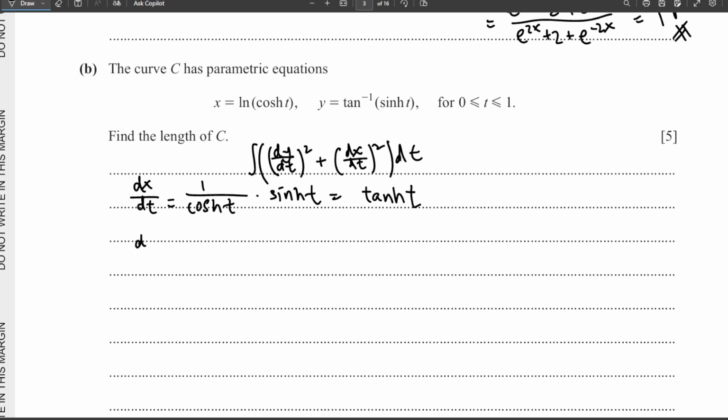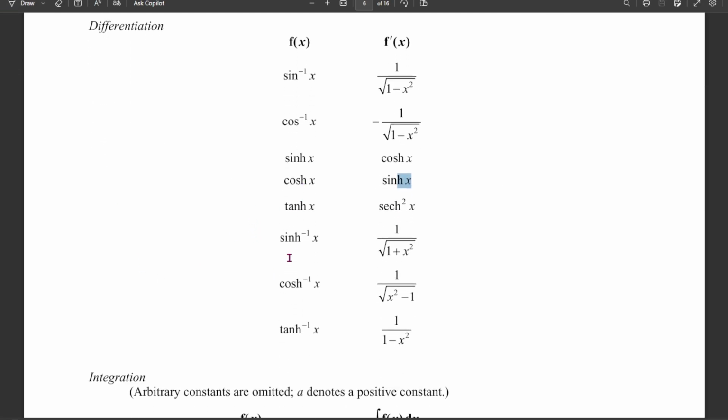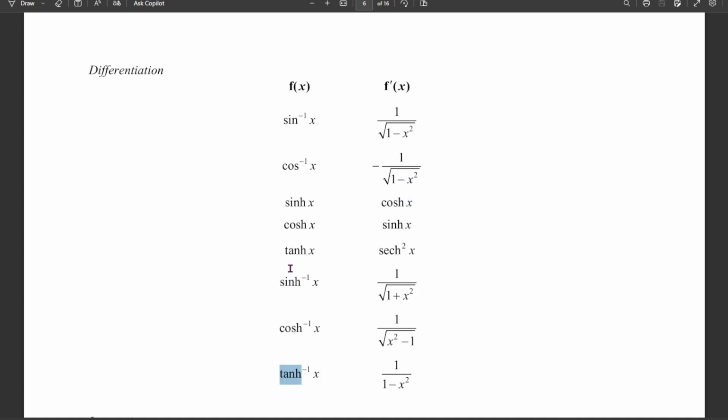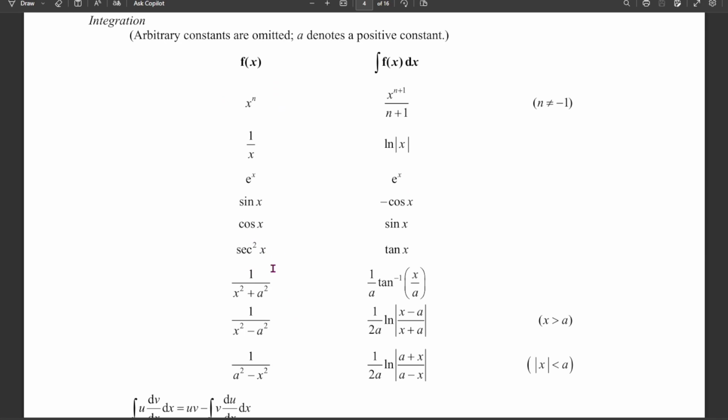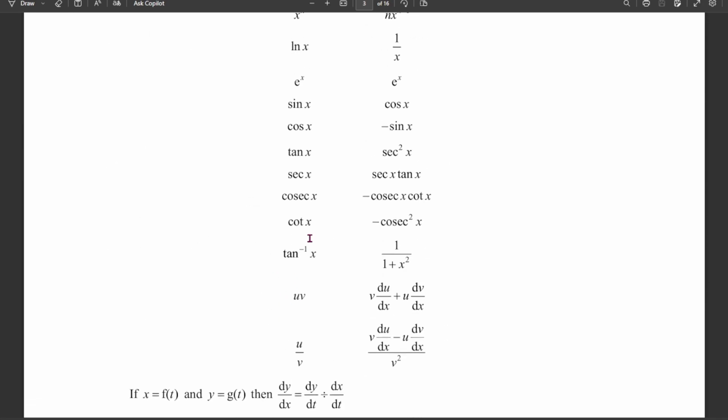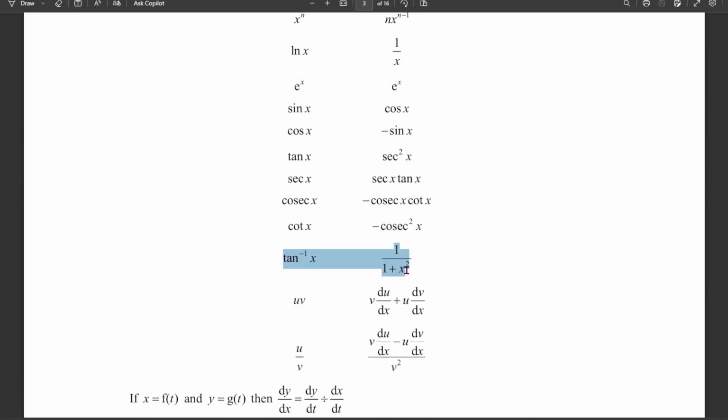Okay, now we have the derivative of y in terms of t, and we have an inverse tangent of hyperbolic sine function. So inverse tangent, where is it? Inverse tangent should be up there. Yeah, inverse tangent will be this expression.